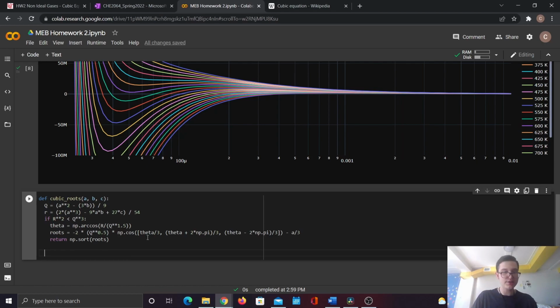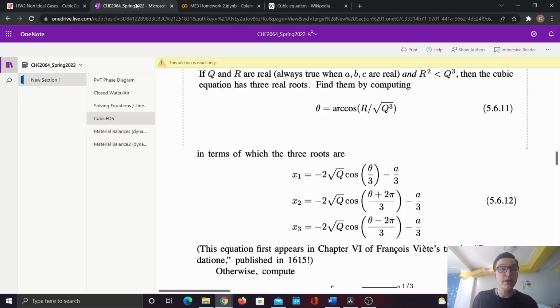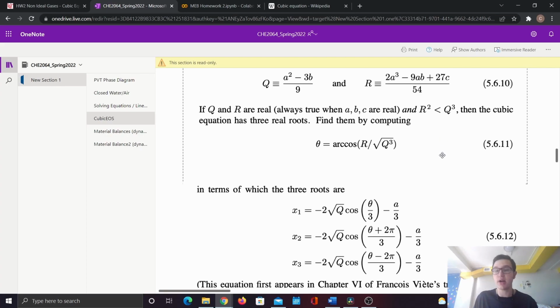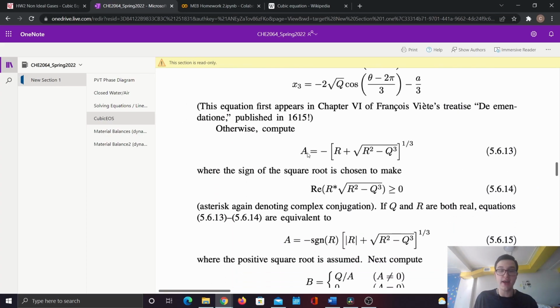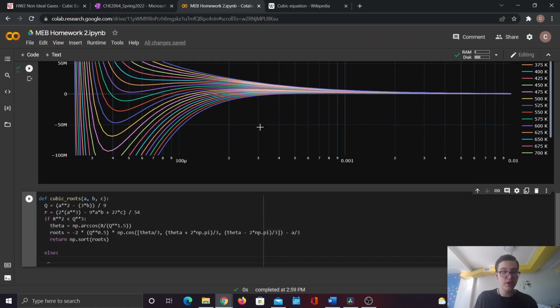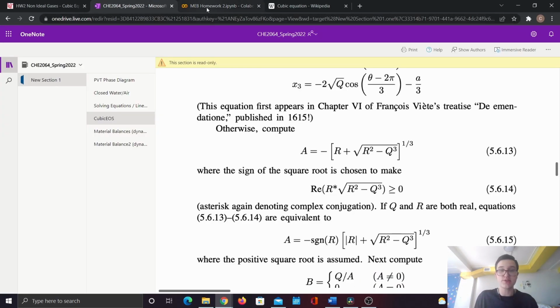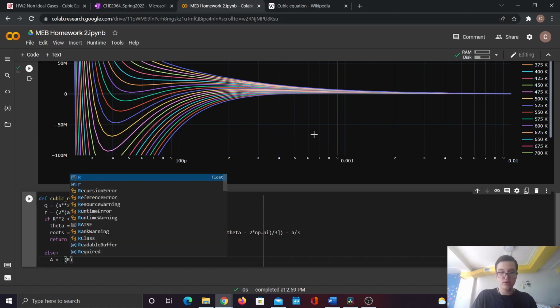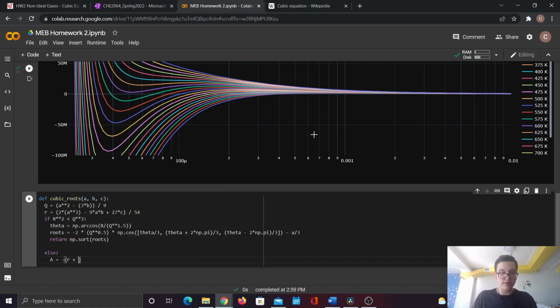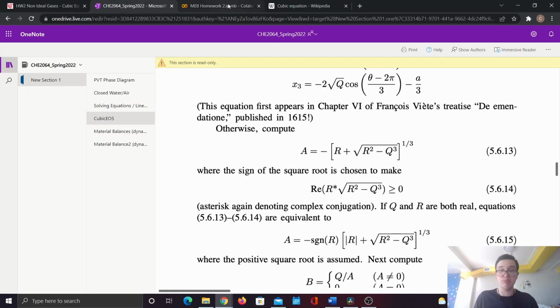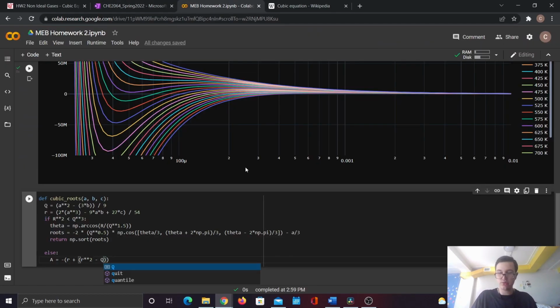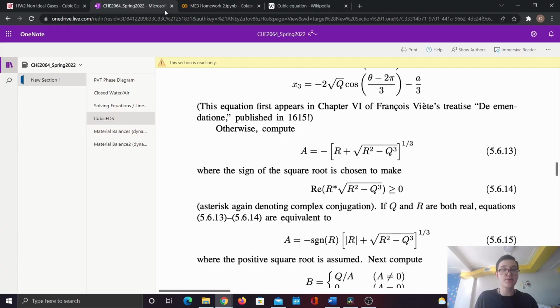And now we need an else. If this case where r squared is less than q cubed is not true, then a is equal to negative, parentheses, r plus the square root of r squared minus q cubed, close parentheses, to the power of 0.5 for the square root.